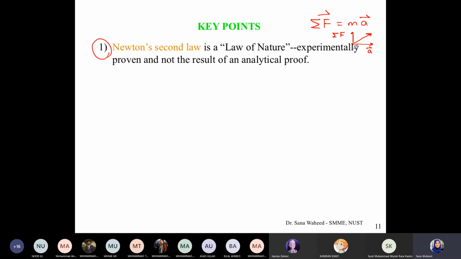So he derived this law experimentally, not by using some first principles analysis of the nature of matter, but just by observing phenomena. When you observe phenomena, something is known as phenomenologically derived.